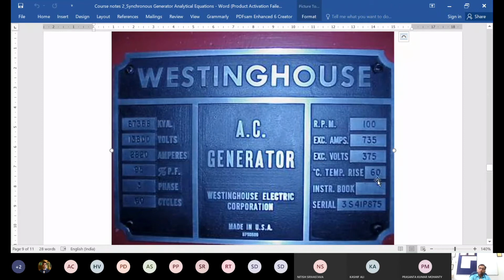So it's not just how much the power rating is. If this is rated at 67,000 kVA, and suppose I generate 68,000 or 70,000 kVA, it's not that the machine or the winding will burn instantaneously, nothing like that. Every machine is designed to take some overload for some period of time. Depending upon how much the overload is, there are limitations on how much time the machine can tolerate it. If the overloading is only 10%, then probably it can tolerate it for a few minutes.